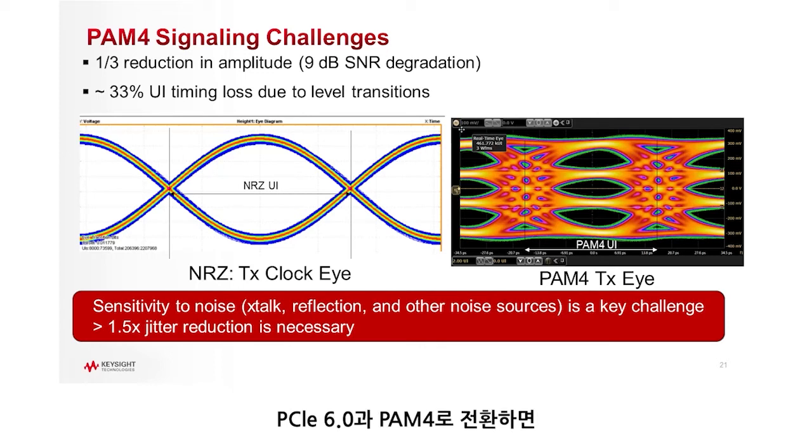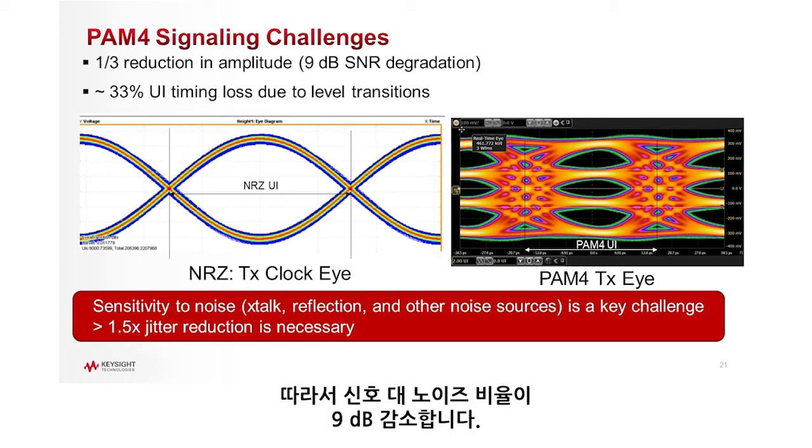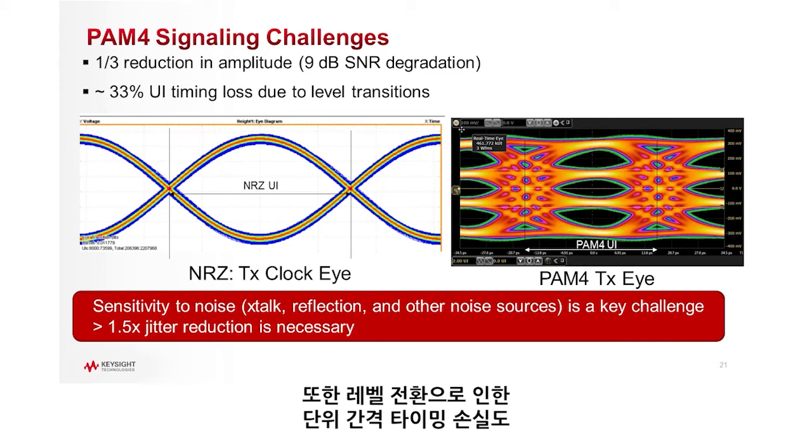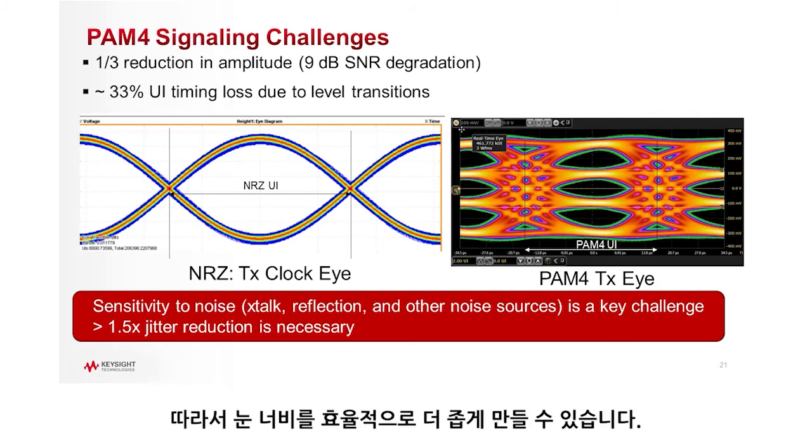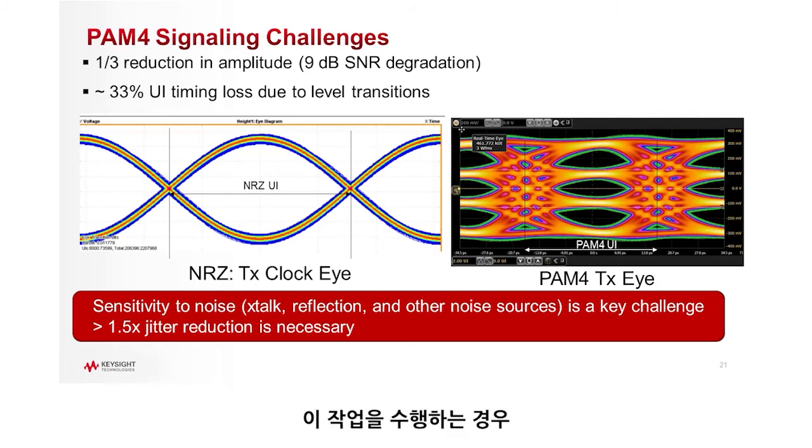Just by moving to PCI Express 6.0 and PAM4, we see a 1/3 reduction in the amplitude of the I. This corresponds to a 9 dB reduction in the signal to noise ratio. It also affects us by reducing the unit interval timing margin due to the level transitions, so it effectively makes the eyes more narrow.